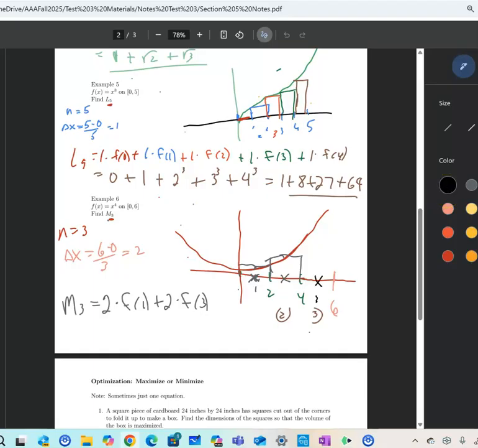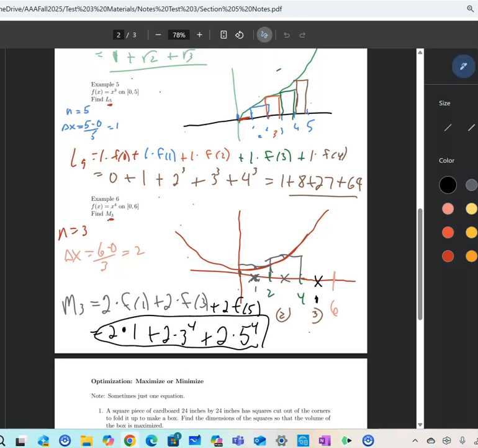I'm going to choose this middle point, which is 5, so it's the width of 2 times f of 5. So I'd have 2 times 1 to the 4th, which is 1, plus 2 times 3 to the 4th, plus 2 times 5 to the 4th. Those numbers give the areas of these 3 rectangles, where you use the middle point.